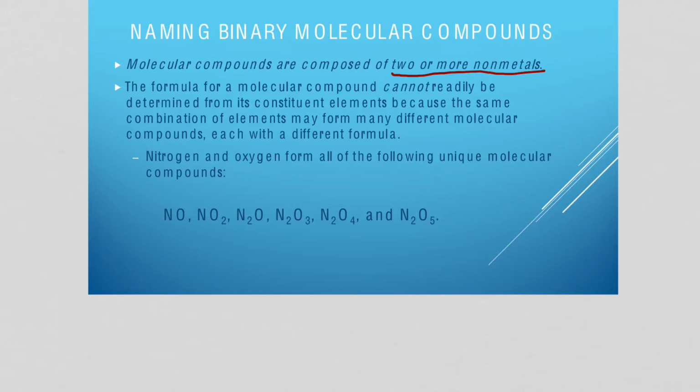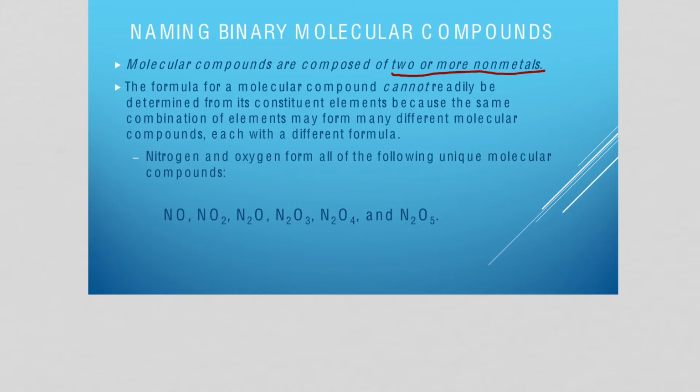Now, unlike ionic compounds, where we had the advantage of being able to write out the formulas just from knowing what elements are involved, because of the ions that are present and understanding what ions different elements form, we can't do that with a molecular compound.